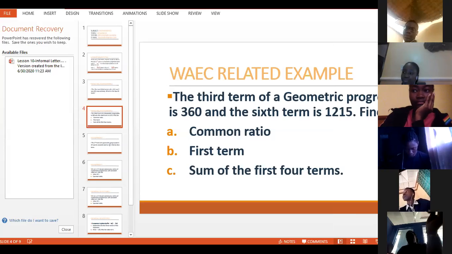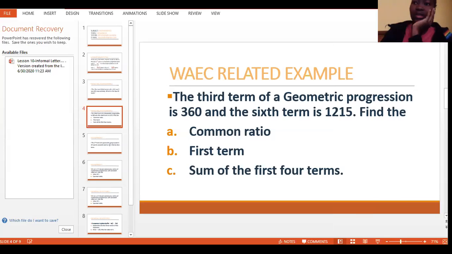Okay, Stella, check your book and tell me. 160. That will be the first term, A is equal to 160. So let's continue from here, everybody.